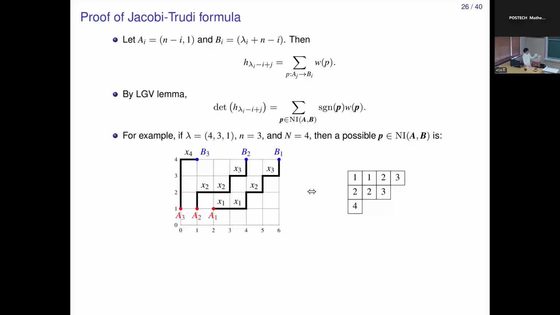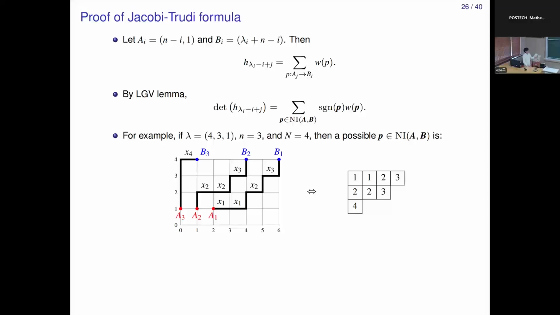So we have these non-intersecting lattice paths, but this is nothing but a semi-standard Young tableau. The way I construct a semi-standard Young tableau is the following. We have the first path. I'm going to read the indices here. So 1, 1, 2, 3. I'm going to put them in the first row. And then I'm going to put the indices of the second path in the second row, 2, 2, 3.